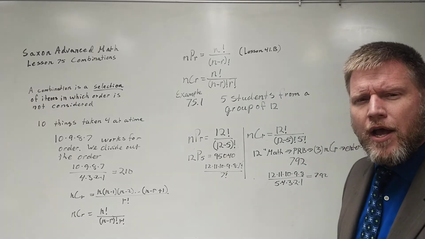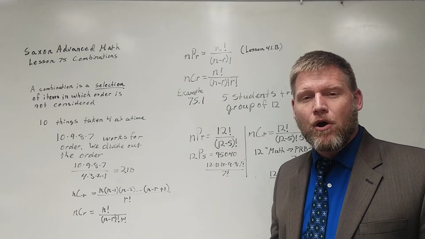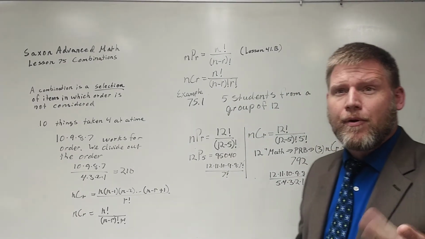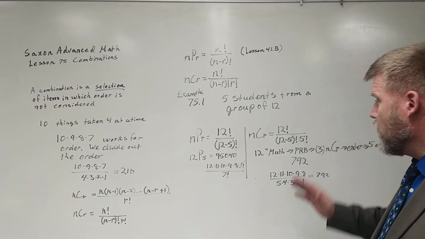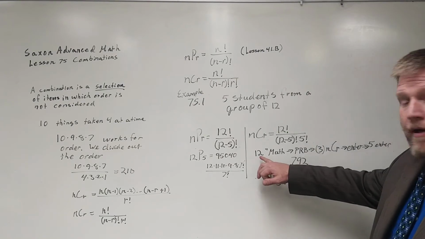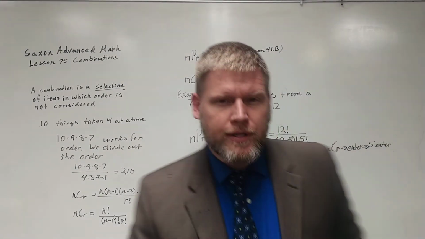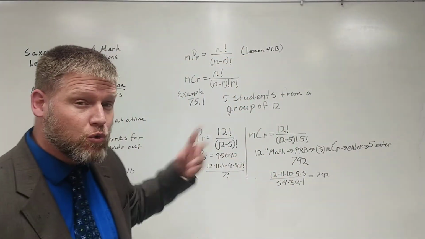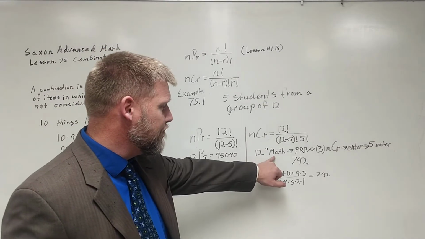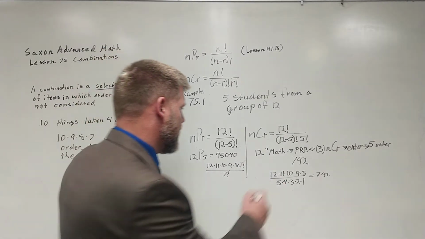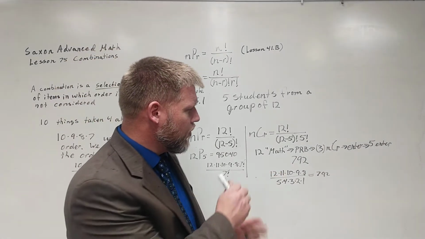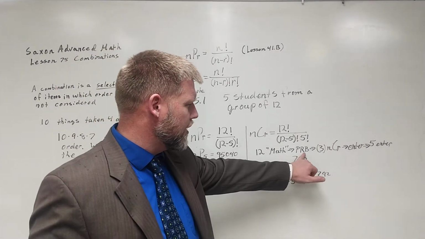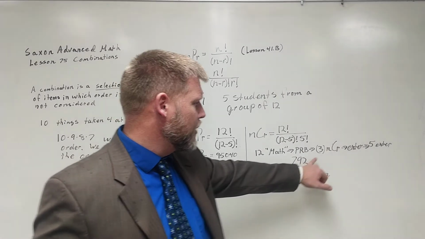We do the same thing with the nPr. It's actually right below nPr in that list, or might be right above it, in the list underneath PRB. So this is the menu method of doing this. With this problem, I'm going to put in 12 to begin with. I'm going to hit the math key, arrow on over 1, 2, 3, 4 times, I believe, to PRB, and then go down to the third one.